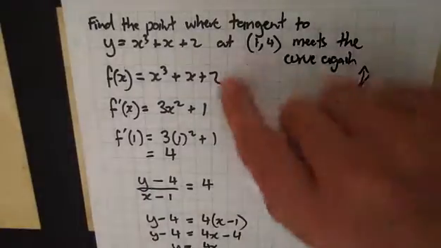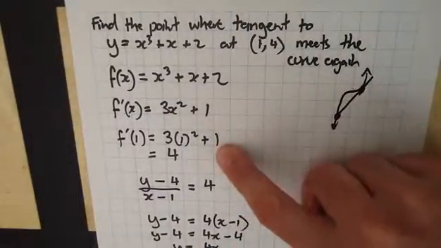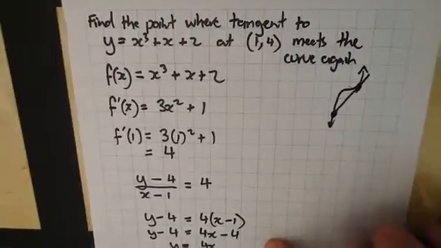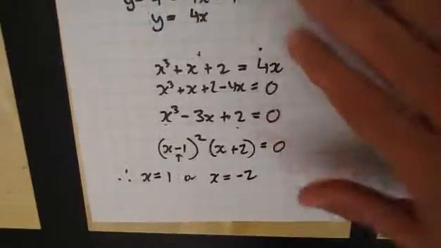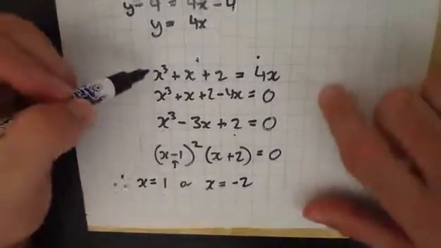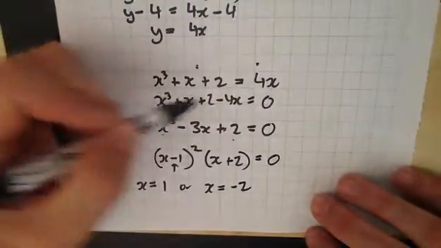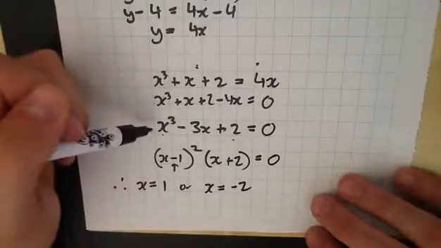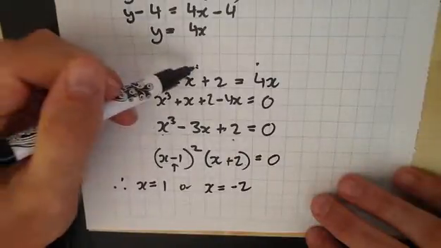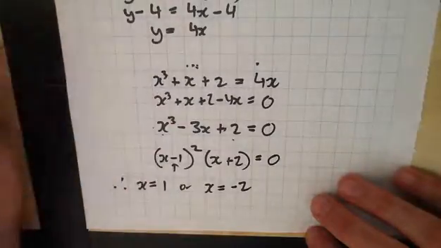Alright, so I get the derivative, I find the slope function, I find the slope of the tangent, I find the equation of the tangent. Once I've found the equation of the tangent, I make that equal to the equation of the curve. I then make it equal to 0, and therefore finding the roots of this cubic is the same as solving this simultaneous equation.